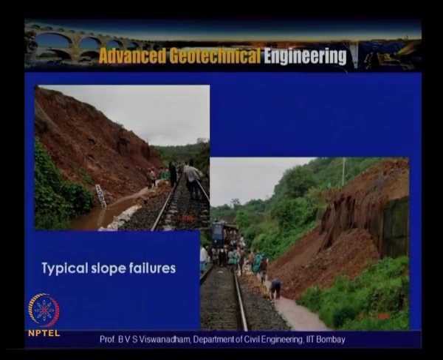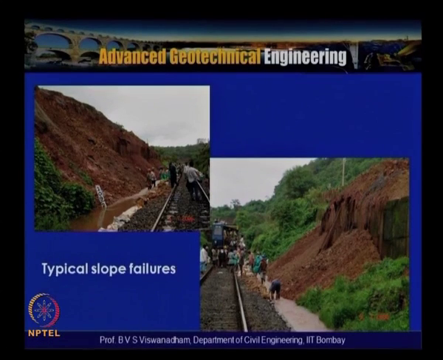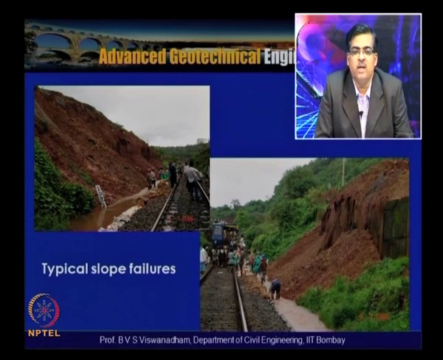So, before discussing analysis methods, let us see some typical slope failures. In this case, a typical slope failure reported in the region because of seepage in the monsoon season can be seen here, wherein the soil above the rock crop is subjected to instability.